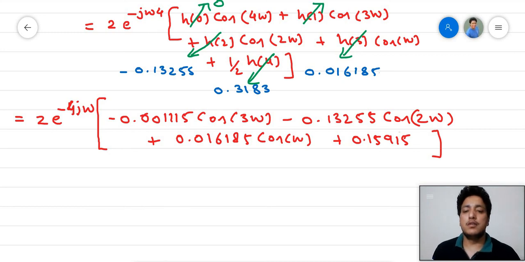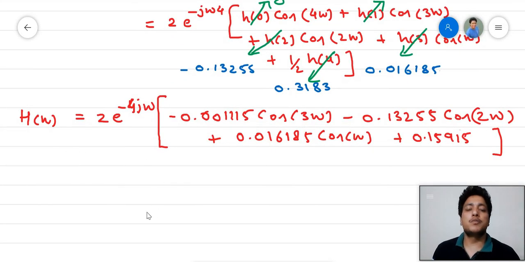So this is H(omega), the impulse response in frequency domain, that we have calculated for a filter by implementing the triangular window.